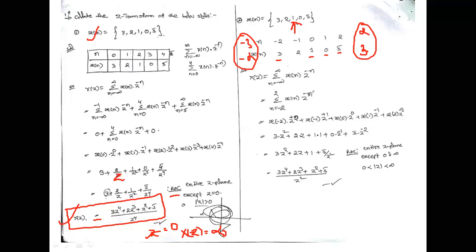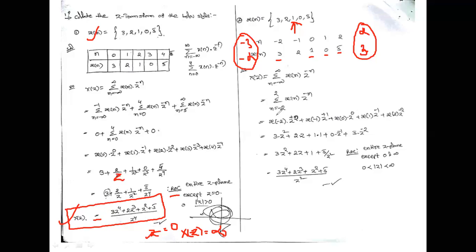x of n z power minus n. Expand the values: x of minus 2 z power minus of minus 2, which becomes z square. x of minus 1 z power minus of minus 1, z power 1. x of 0 z power 0. x of 1 z power minus 1. And x of 2 z power minus 2.